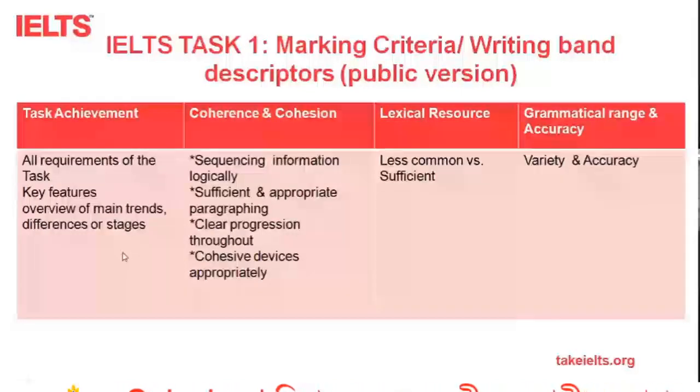Coherence and cohesion basically refer to the sequencing of information. You observe the information which is scattered in the graph, but when you are writing, you need to bring it into a good sequence and organize it.